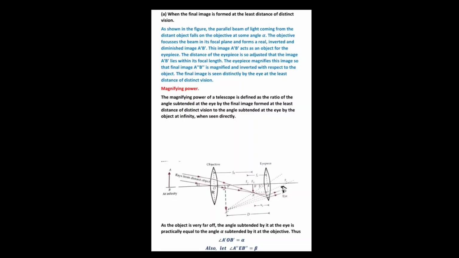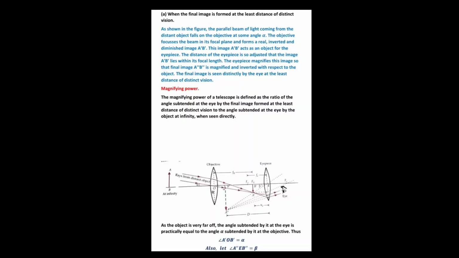The objective focuses the beam in its focal plane and forms a real, inverted and diminished image, that is A'B'. Then this image A'B' acts as an object for the eyepiece. The distance of the eyepiece is so adjusted that the image A'B' lies within its focal length.